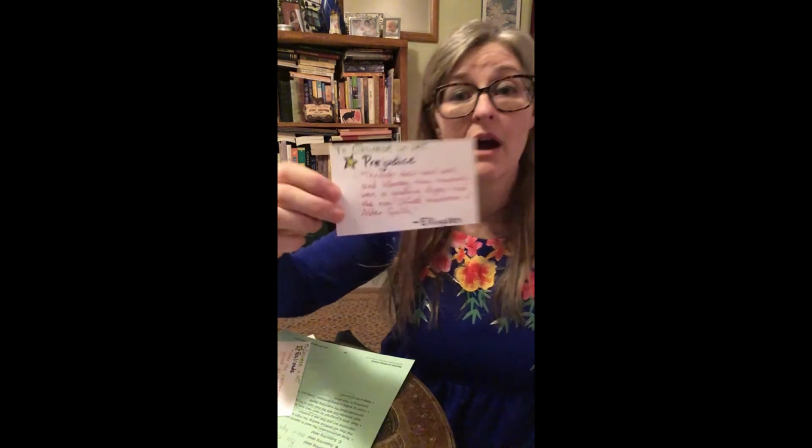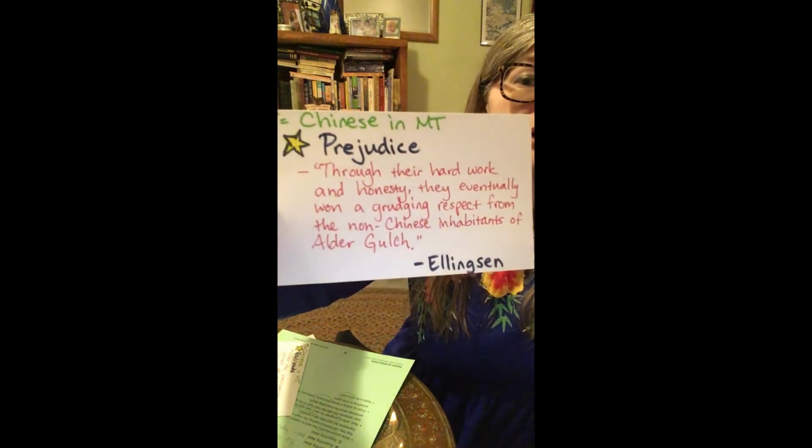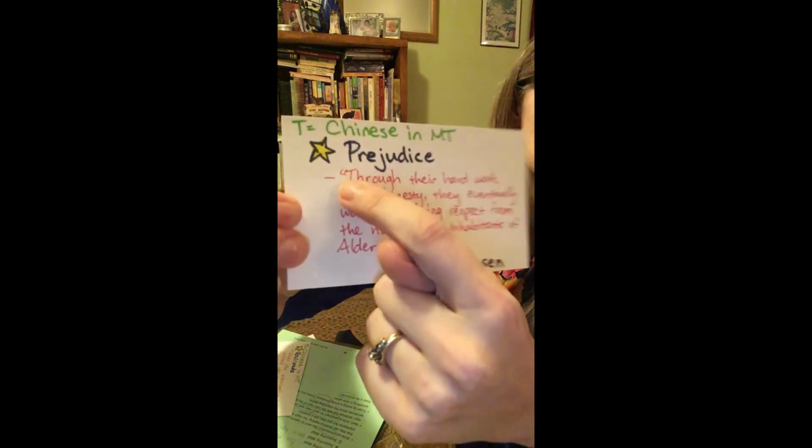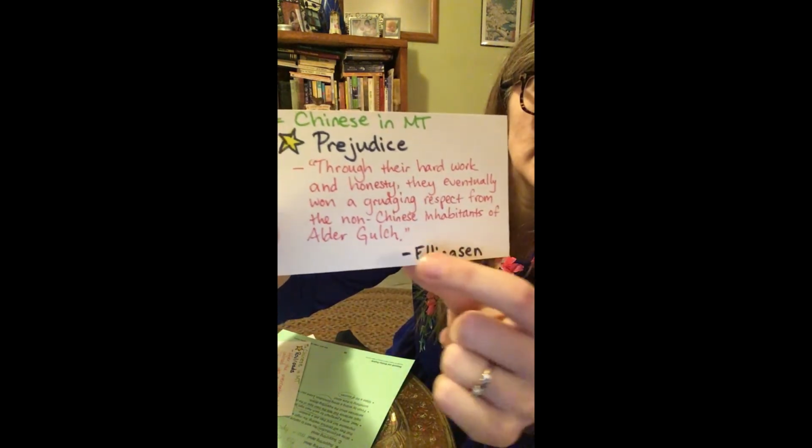This is also where you can use a card. You might use a card in the introduction too if there's some interesting catch your attention piece of information. So maybe I want to use a card. Here's one from my resource from John Ellingson, and this one I specifically used a quote. You can tell it's not my words because there are quotation marks at the beginning and the end.